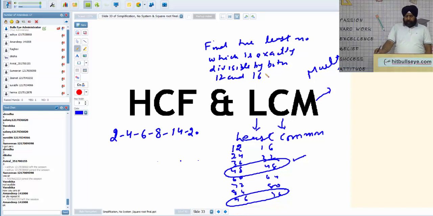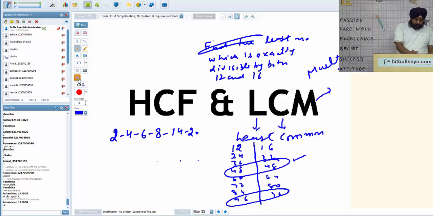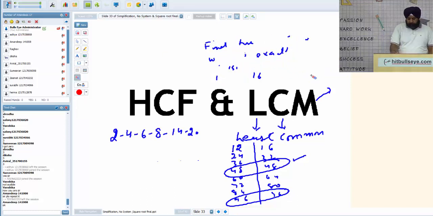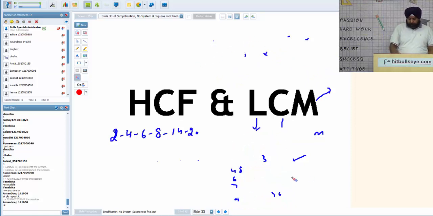Obviously, that is in the table of 12 as well as in the table of 16, and comes first. Obviously, 48 is the answer. You should not cram where you get least you find LCM and where you get greatest you find HCF. You should understand why they are so. This is the basic understanding of the concept.